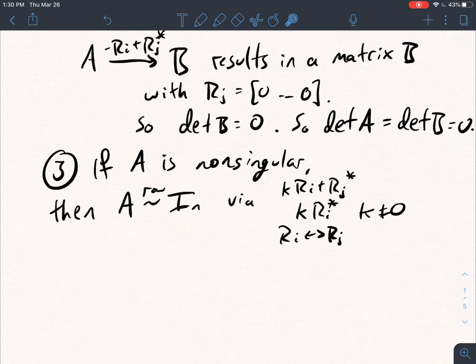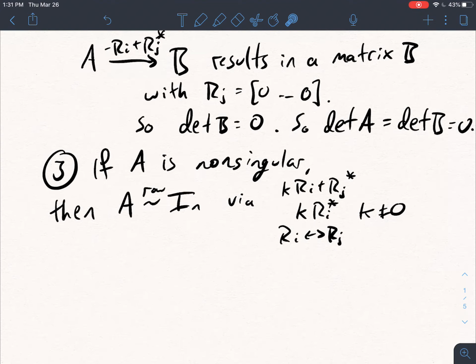In particular, if the determinant of A is not equal to 0, then the determinant of the next matrix should also not be equal to 0. And vice versa, if the determinant of the matrix that you row reduce to is not equal to 0, then the determinant of the previous matrix is also not equal to 0.